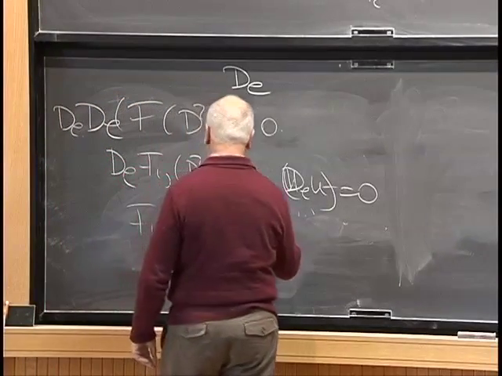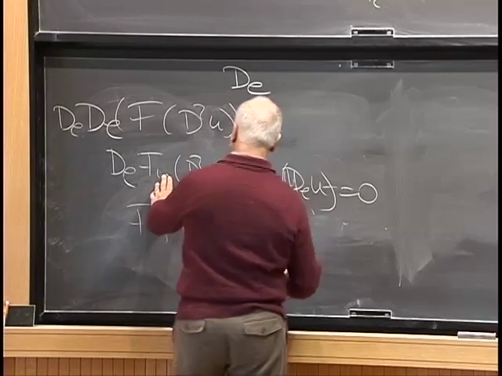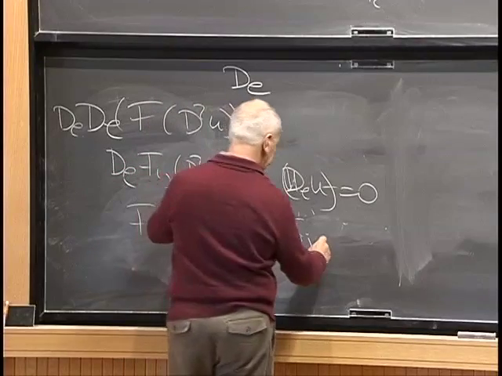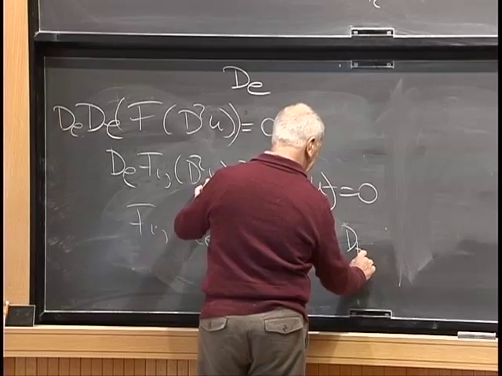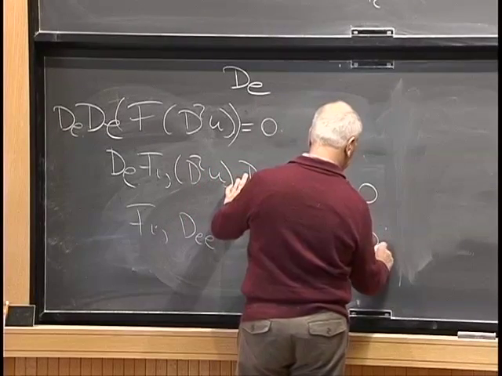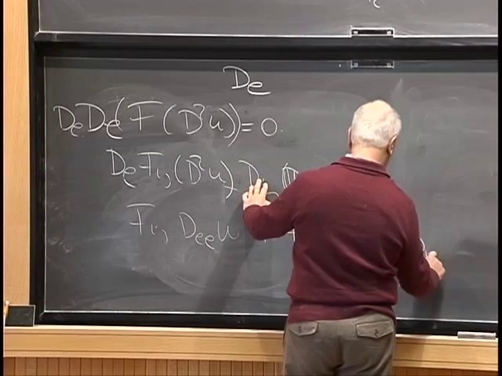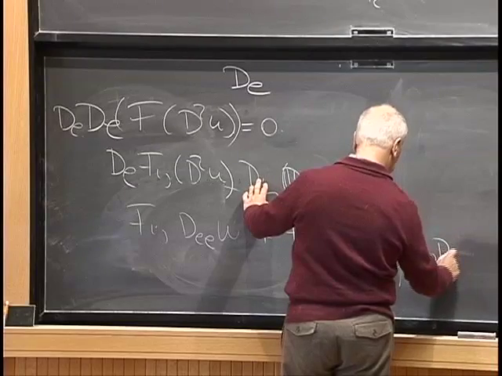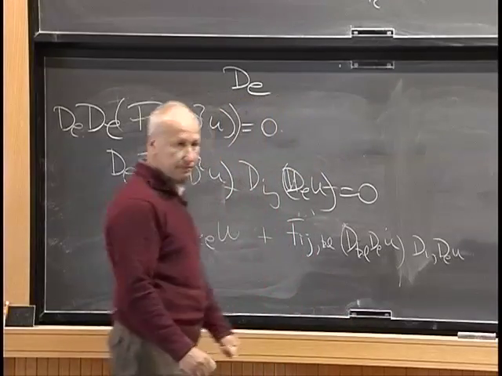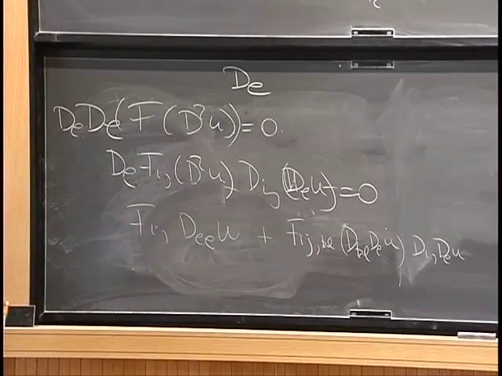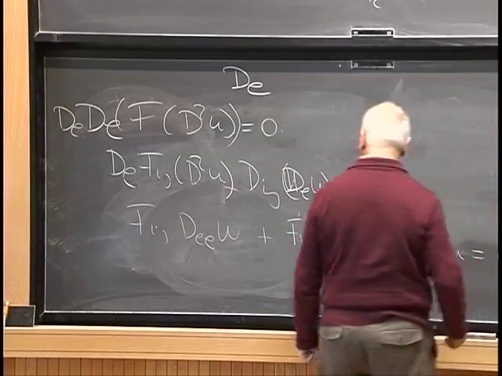So you get plus the derivative of F_ij with respect to the kl position, and then you have D_kl of D_e u, D_ij of D_e u.